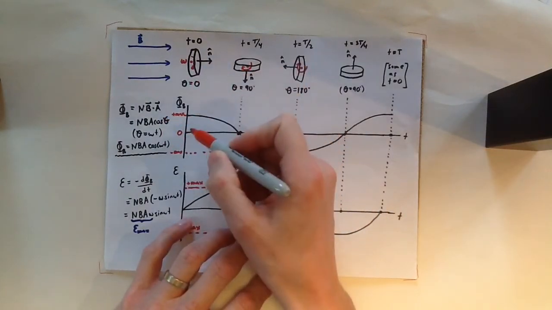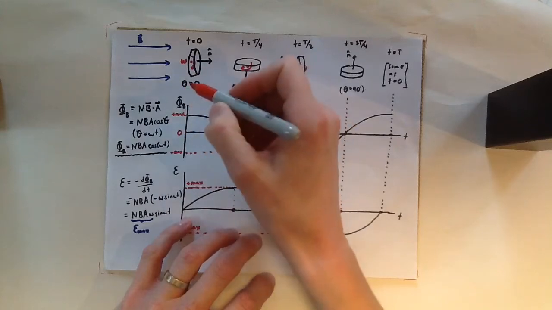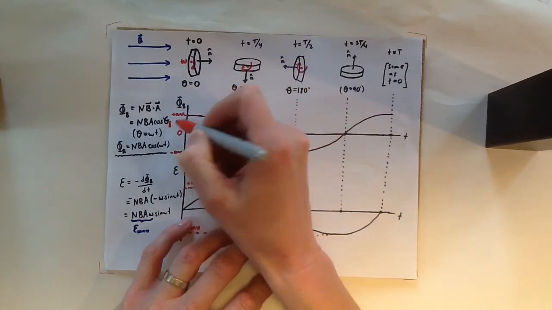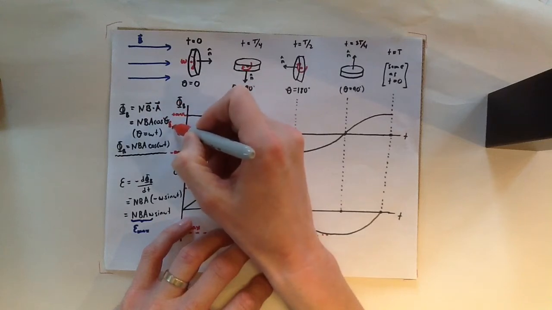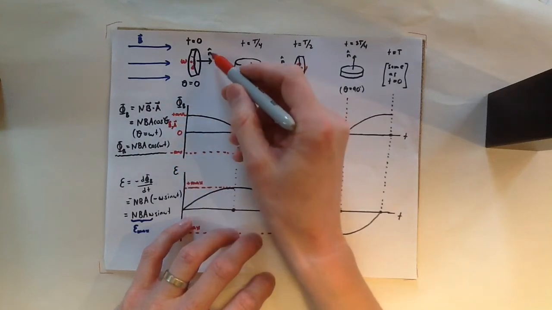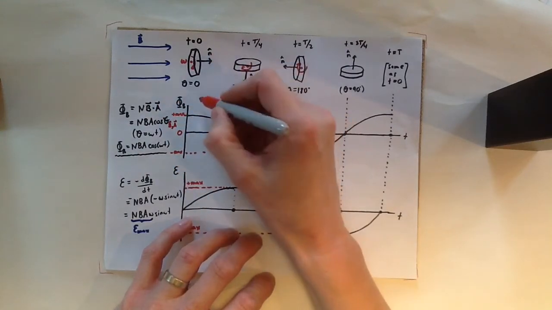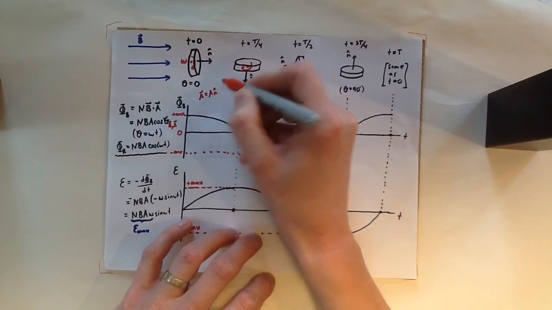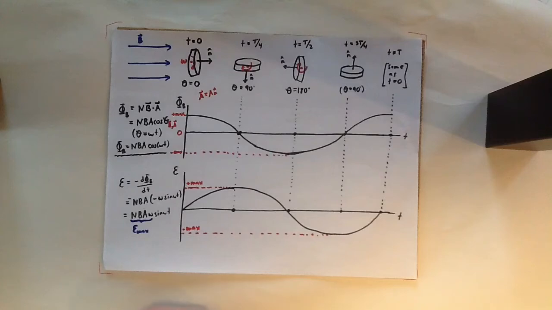It's the basis of our flux calculation. This is the angle between B and the area vector. Remember, the area vector gets its direction from the normal vector. So the area vector is just the area of the loop coupled with the normal vector.